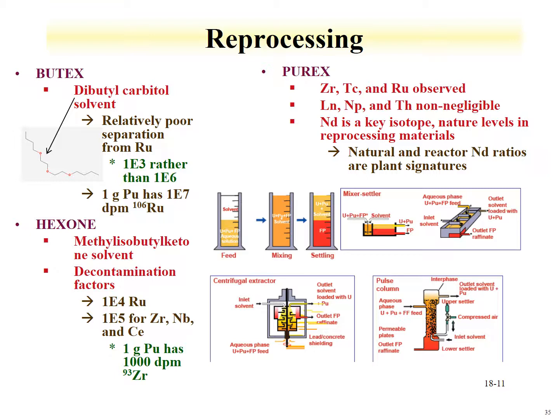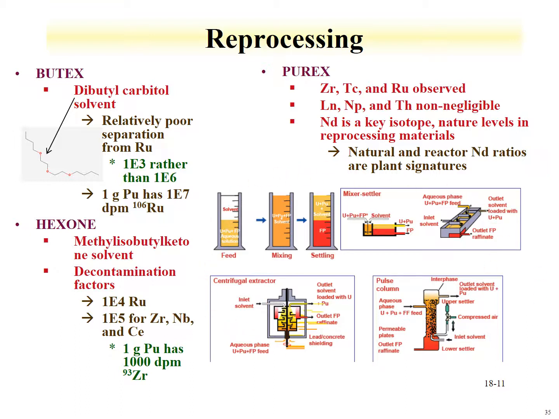Again, ruthenium can be a signature here, as well as additional zirconium, niobium, and cerium. As an example, 1 gram of plutonium has about 1,000 dpm zirconium-93 in it if it was purified by the Hexone process.